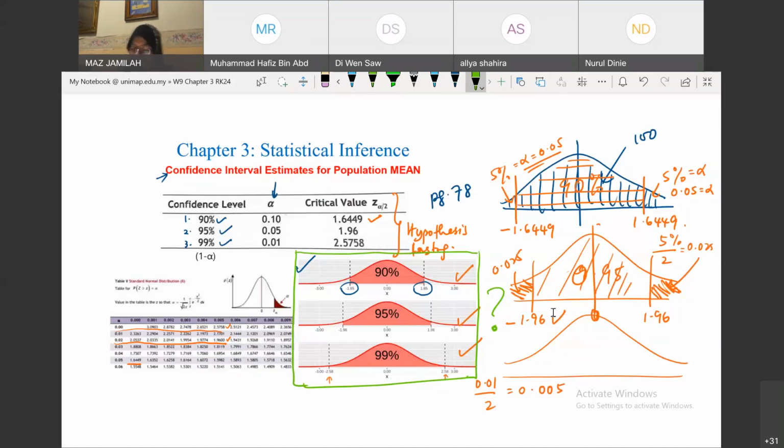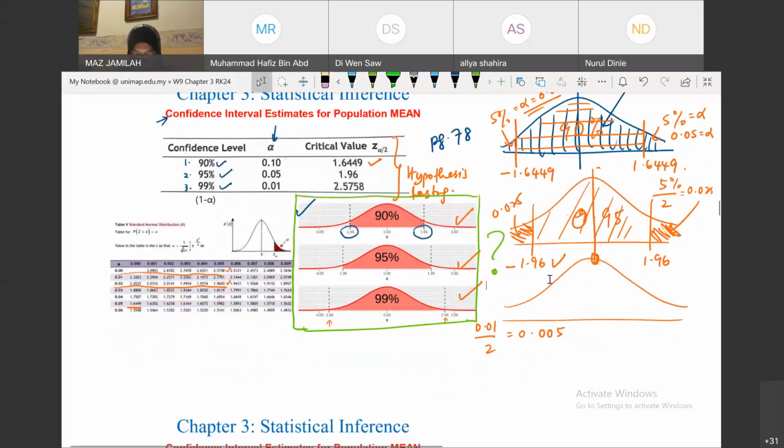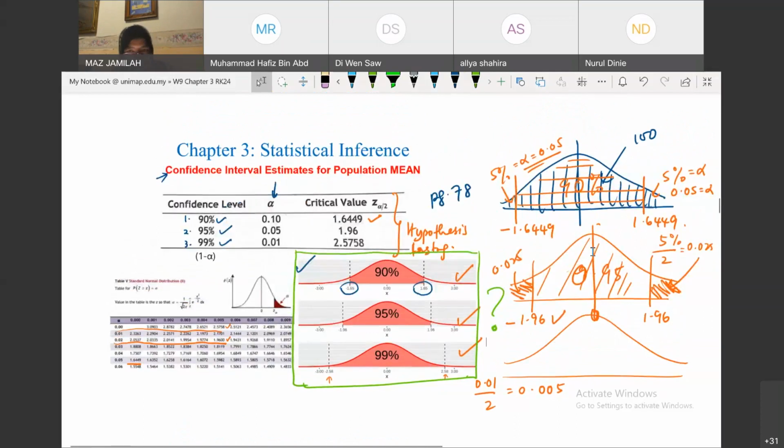Class? Almost 100%. What was that? Almost 100%. Other opinion? The area under is spread bigger.